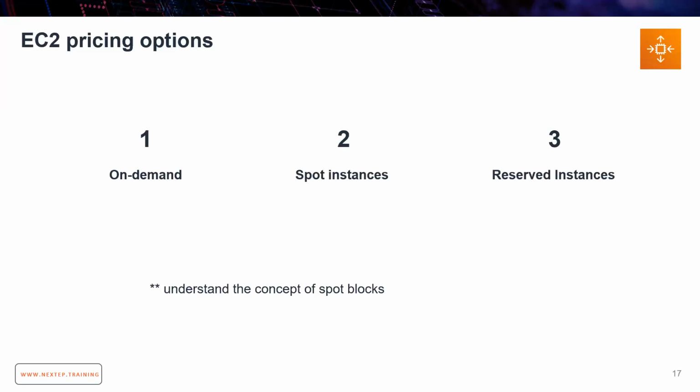So when the price drops below 50 cents per hour, okay, let's say the price has come down, due to bidding, to 20 cents per hour. Amazon will charge you 20 cents per hour, even though you bid for 50 cents per hour. It's running at $1 per hour for on demand.